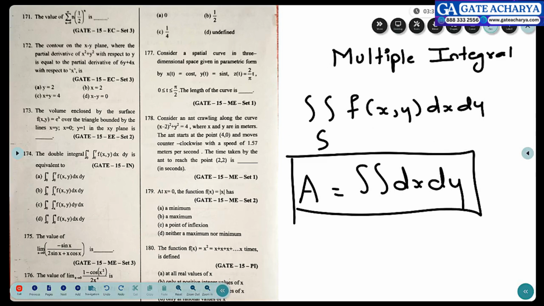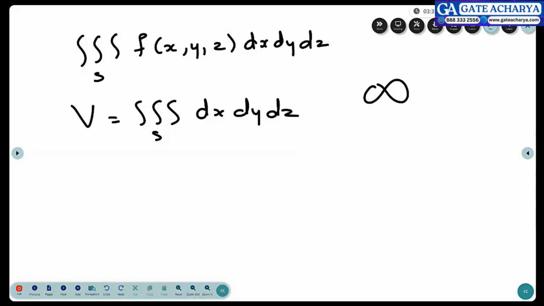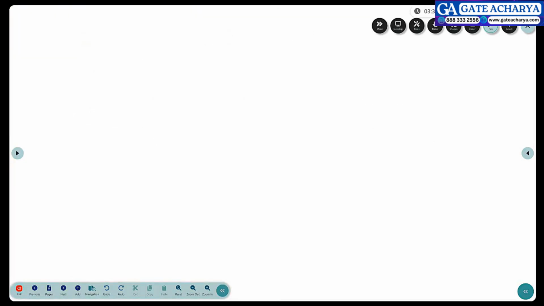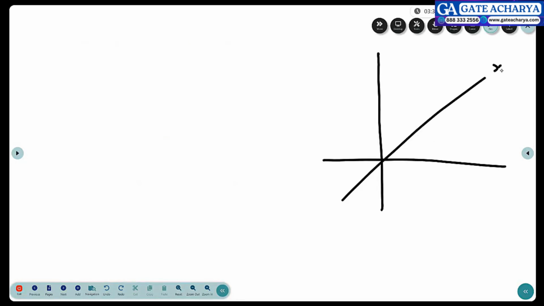So, the function is e raised to x. That's quite clear. Now we have to define the area. This is where your geometrical skills come into the picture. Tell me, what are the restrictions available to us? x equal to y. If I draw it, this is what the line x equal to y looks like.